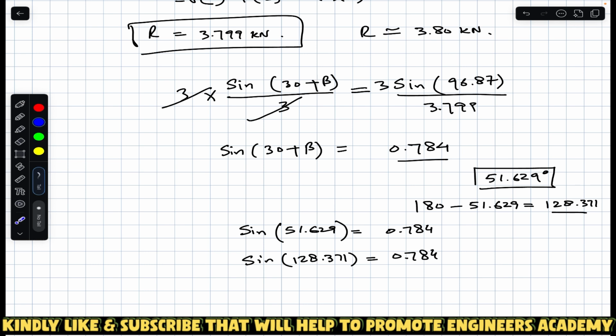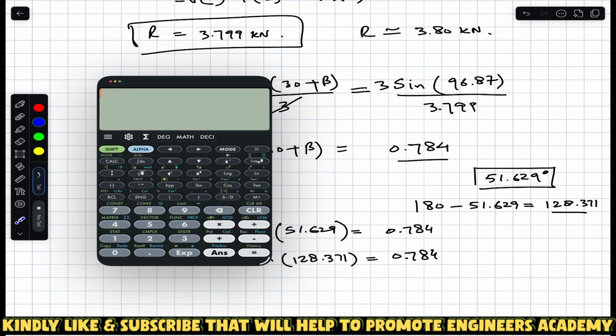So if we take sine inverse of this answer, 30 plus beta will either be equal to this or equal to this. You can check that sine of 128.371 is equal to 0.784, and similarly sine of 51.629 is equal to 0.784.